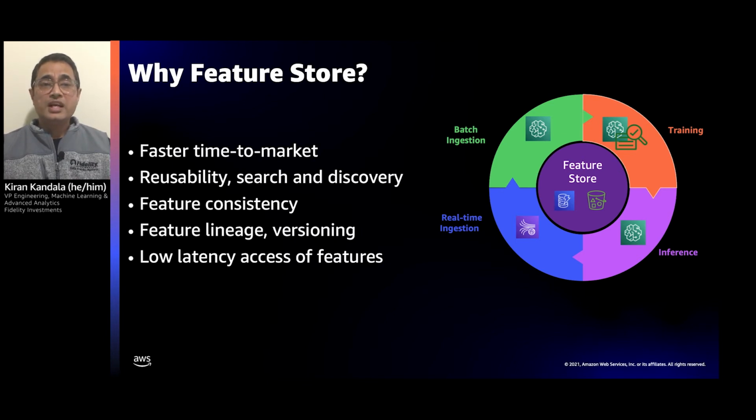Also, feature lineage is another important aspect that we want to consider when we are predicting using machine learning models. After the model is deployed to production, being able to reproduce the model results in a consistent way is very crucial.